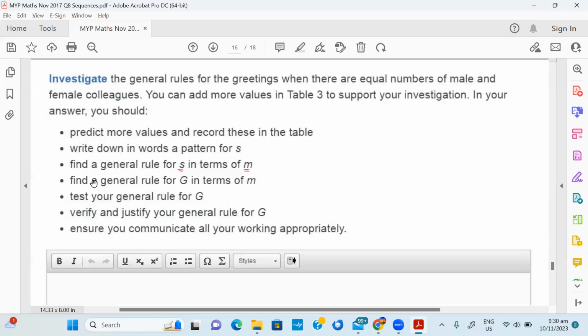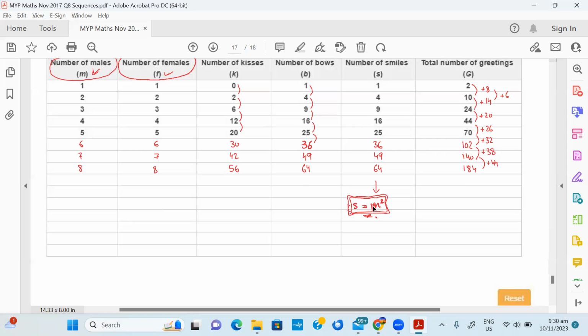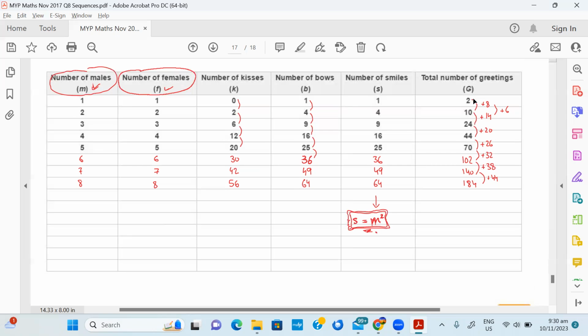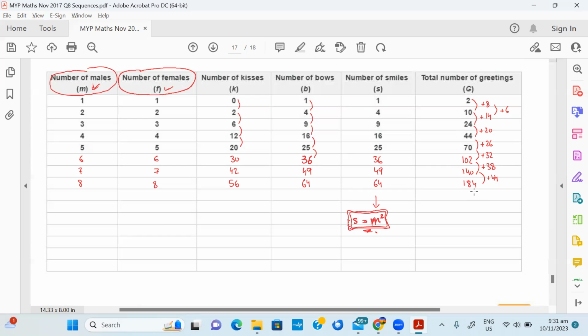Because we are smart. Find the general rule for G in terms of M. अब यहाँ ना आपको जरा काम करना पड़ेगा. So let's apply the three formula method for this guy and get our answer. Okay. So आप लोग भी अपनी copies में कर लो, मैं भी कर लेता हूँ. The first formula is a equals to second difference divided by 2.